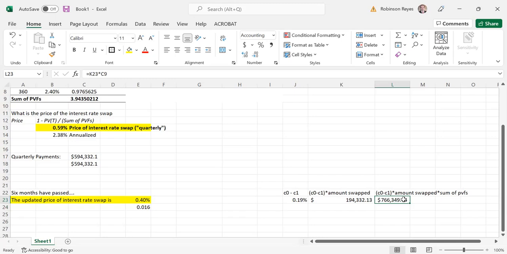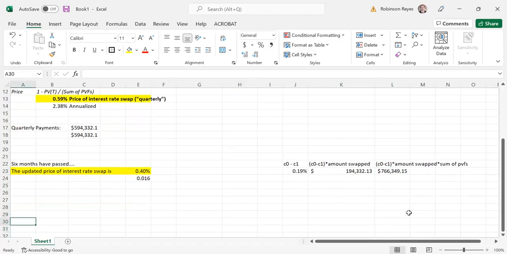So we will get the actual value. If we compare ourselves to anybody opening an interest rate swap today, we are getting 766,349.15 in present value terms. So in value terms.